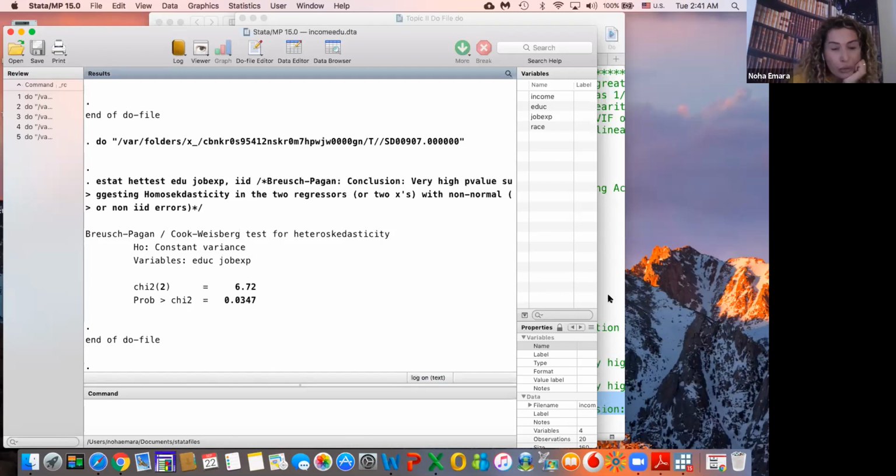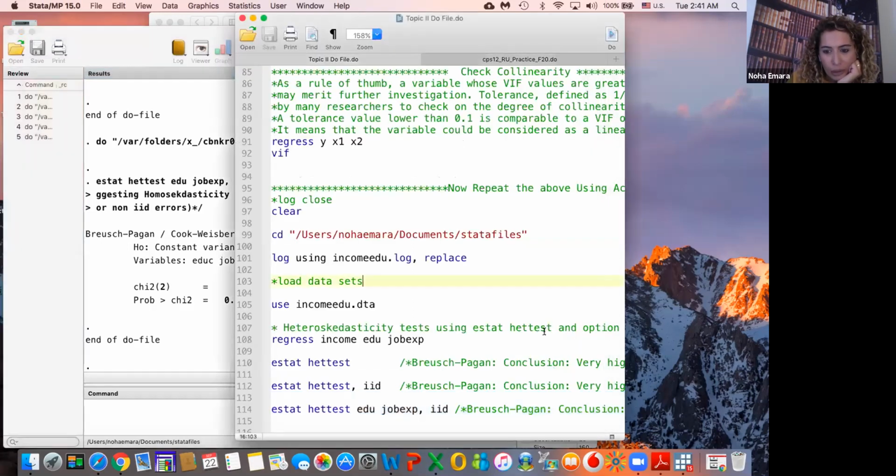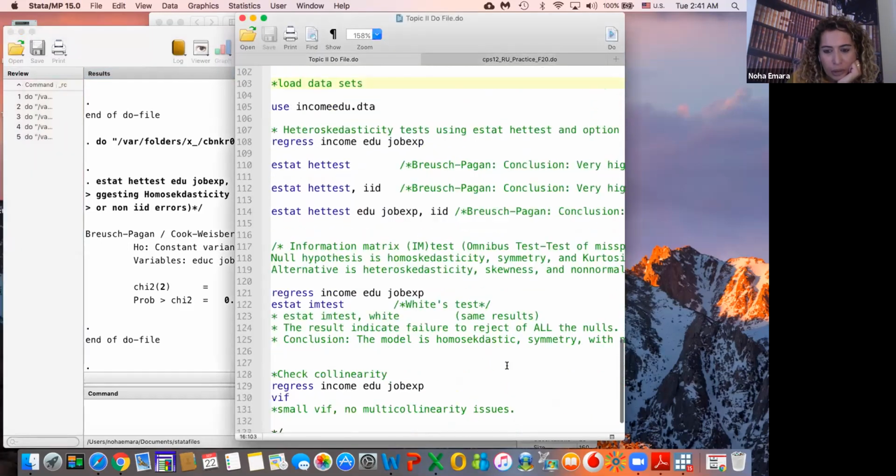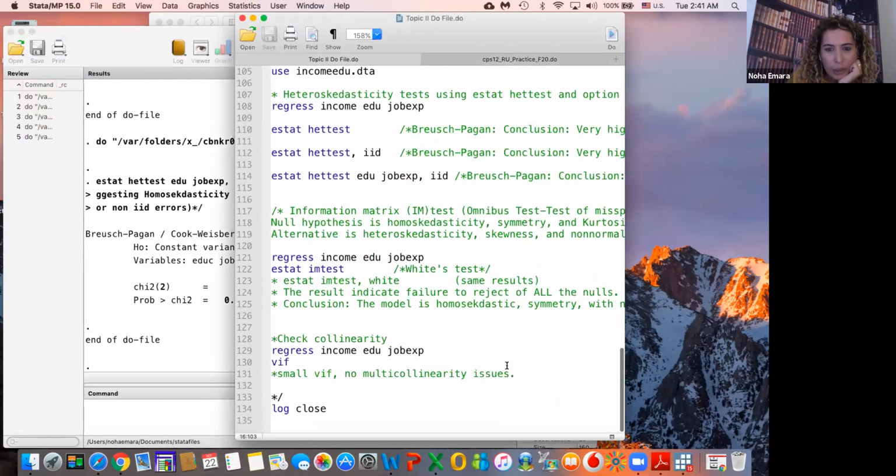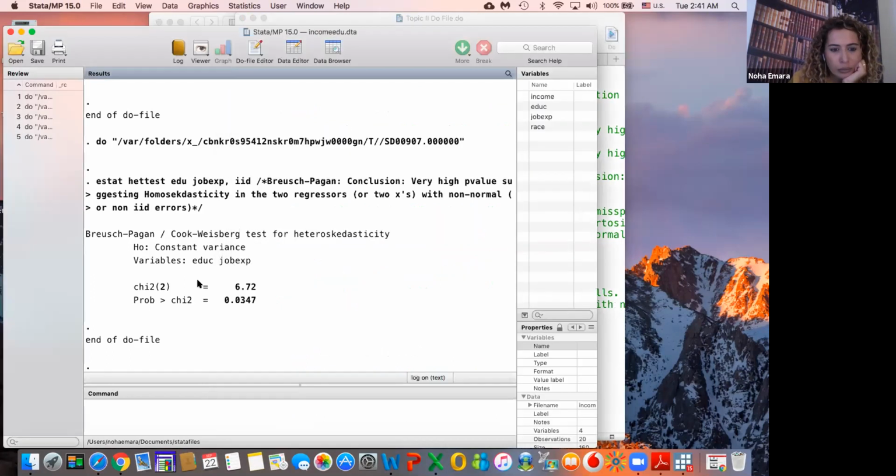There is a small probability that there is a constant variance, yes. So you basically have heteroskedasticity. Okay. So any questions before I move on? Any questions? Okay.